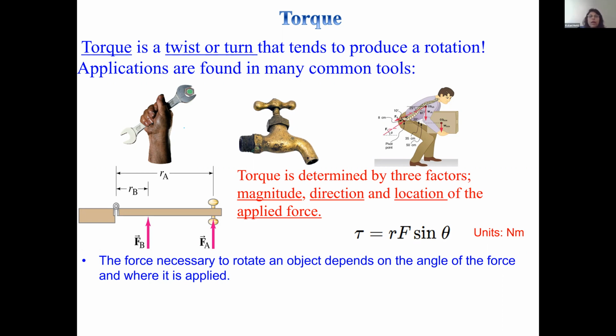Now I'm going to move into torque, because torque is a very important concept that we use every day in our life. Torque is a twist or turn that will produce rotation. You have torque when you lift something. As a simple example, your body is doing a lot of rotation at your joints.